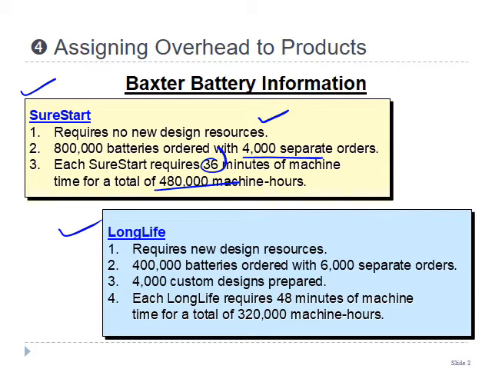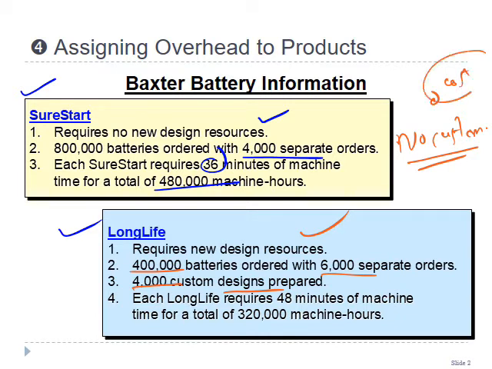The Long Life requires a new design resource. So 4,000 Long Life batteries are sold with 6,000 separate orders. 4,000 custom designs are prepared, whereas for Short Start there is no customization, so we have zero cost for that because this is standard size.